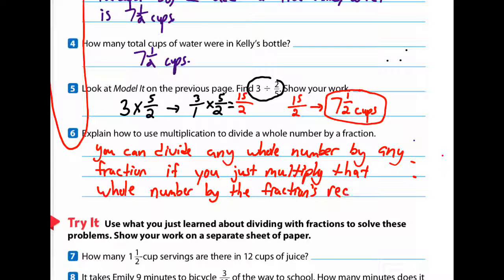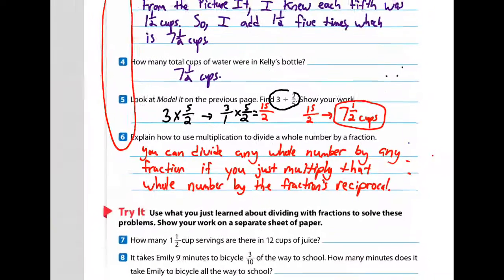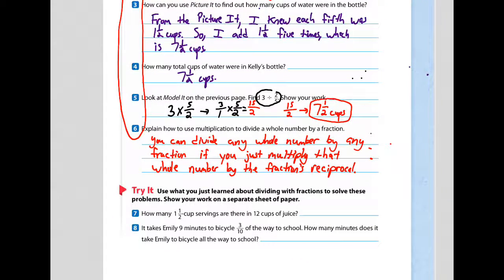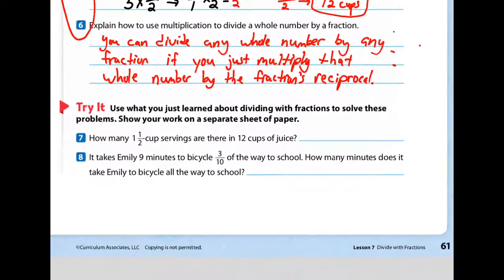That's reciprocal, if you forgot how to spell it. So that's all I said. You can divide any number by a fraction if you multiply by its reciprocal. Remember, you don't need my exact words, but make sure that your answer explains how you can use multiplication to divide a fraction. All right, so now we're going to go down to these last two problems.